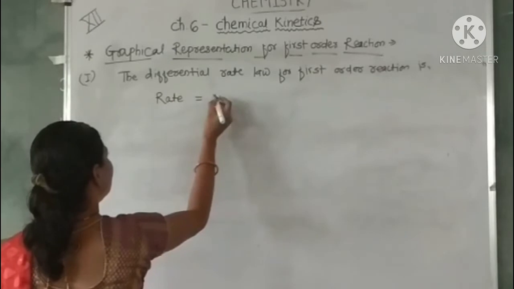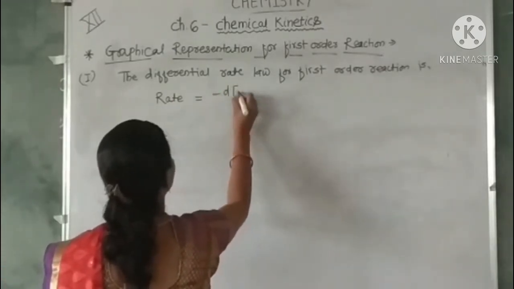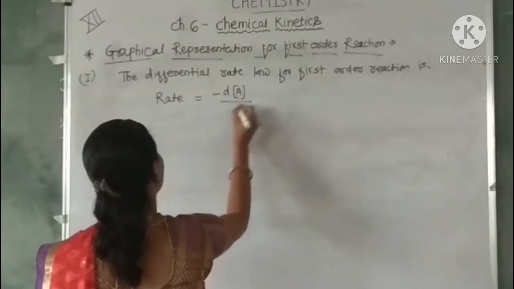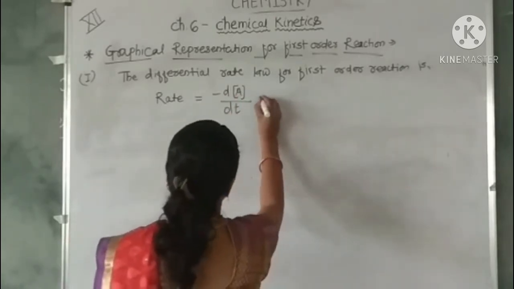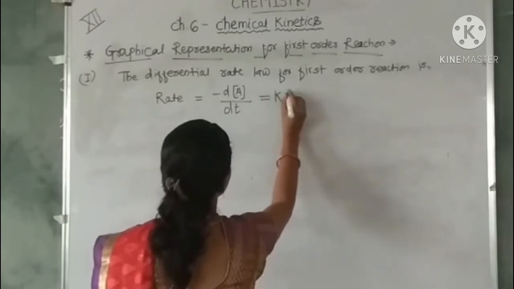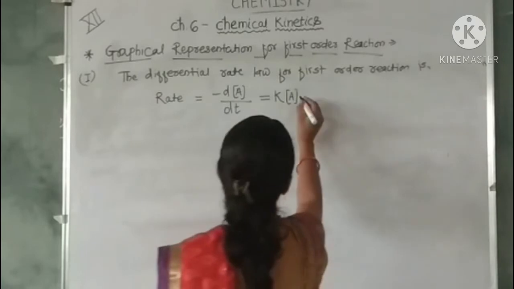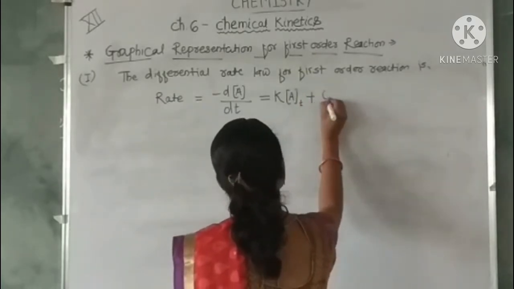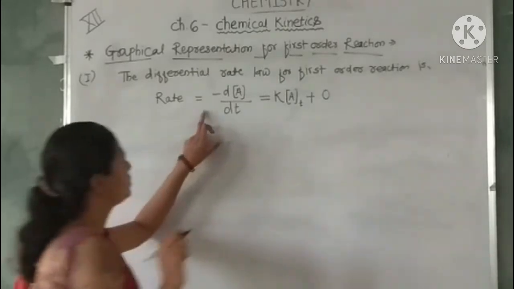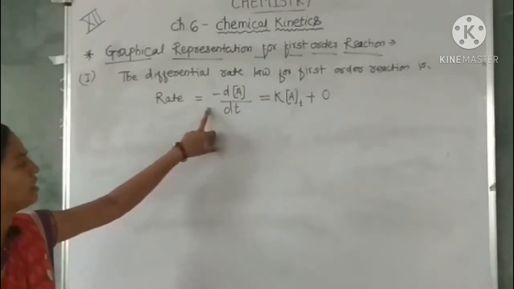Rate is equal to minus d concentration of A upon dt, equal to K into concentration of A at time t. Yes, this is the differential equation or differential rate law for first order reaction.